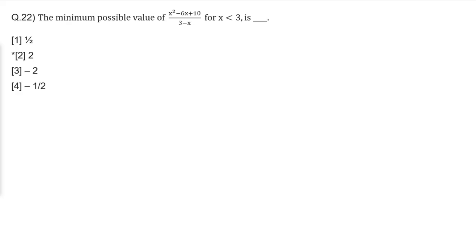Question number 22. The minimum possible value of the expression (x square minus 6x plus 10) divided by (3 minus x). So over here, the first thing that should click in your mind is that the numerator is in the format of (x minus 3) square. What is (x minus 3) bracket square?